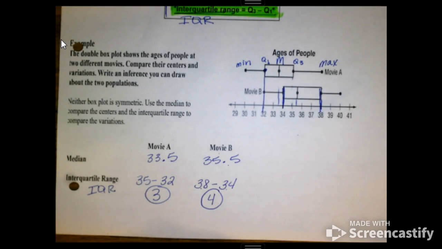Movie B has people from over 30 to 40. What about movie A? Movie A goes from 30 to 35. So could we say the people who saw movie B were typically older?